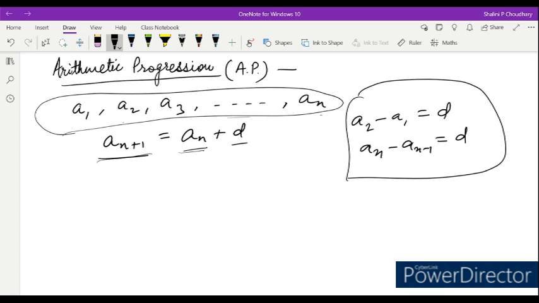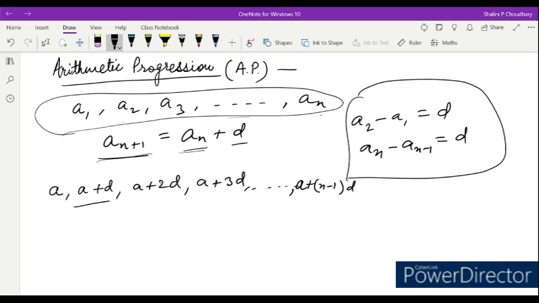Now the standard form is like a, a plus d, a plus 2d, a plus 3d, up to a plus (n minus 1)d. This is the nth term, because in the first term there is 0d, in the second term there is 1d, so we can write (n minus 1)d.